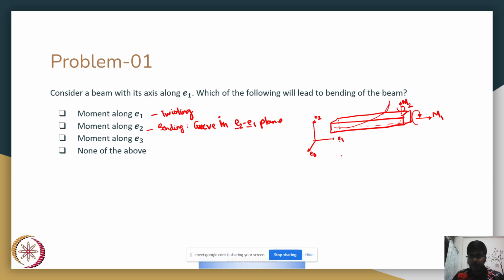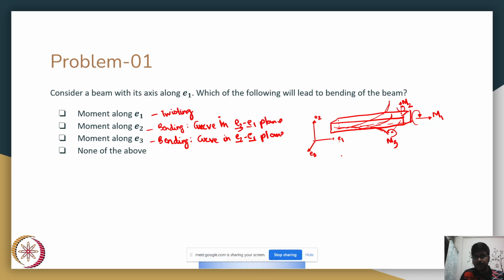The third option is moment along E3. So you would have something like this. This is the moment along E3. In this case, it's difficult to show, but for the M2 case, the beam will be curving along the E3 E1 plane, whereas if M3, which is the moment applied along E3, then the beam will curve in the E2 E1 plane.